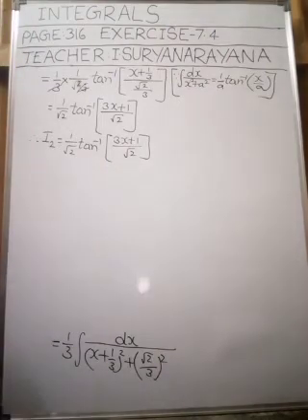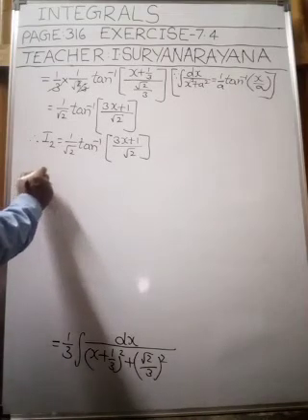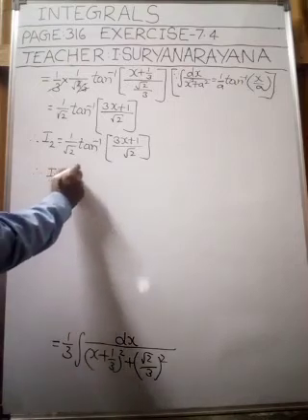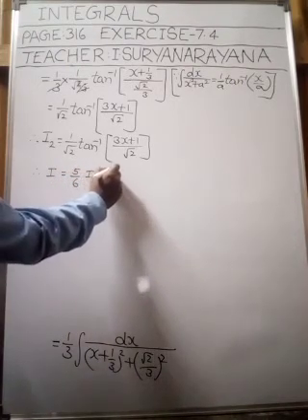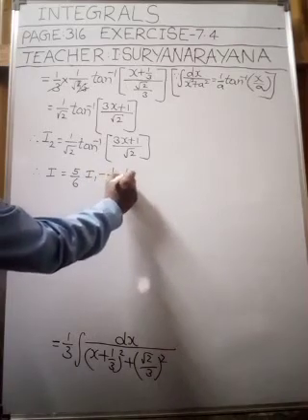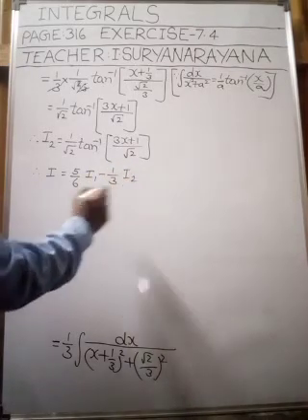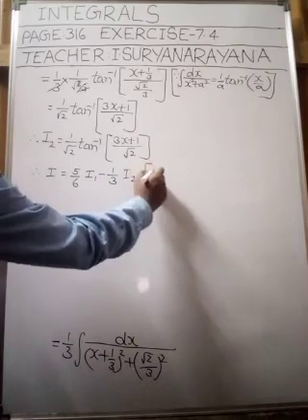But actually, what is I? We have to find the value of I. So therefore I is equal to, what is I? Equation I is equal to 5 by 6 I1 minus 11 by 3 I2 from equation 1.